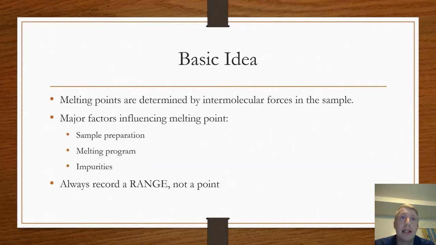This will make more sense when I'm actually showing you how to do this on the instrument. But basically, we're going to be looking in a magnifying glass at our sample inside this heating block, and we're going to be able to watch it melt. So we're going to record the temperature when it starts to melt, like when we first see droplets of liquid forming. And then the second temperature we'll record is when no solid remains.